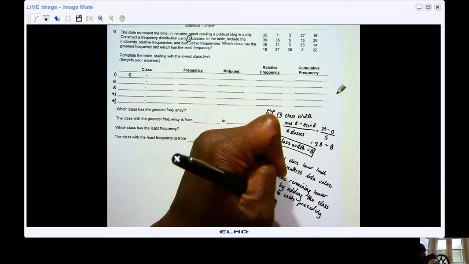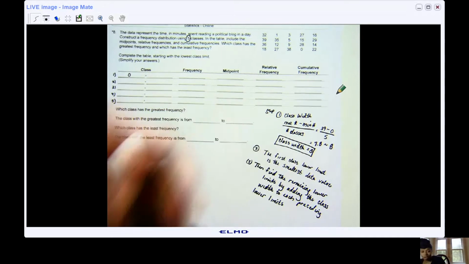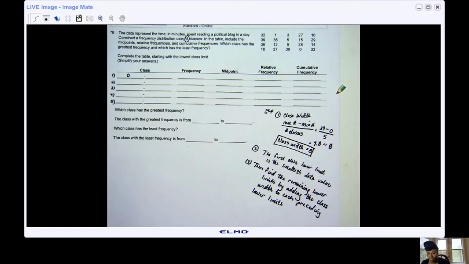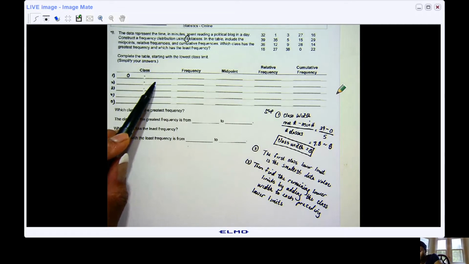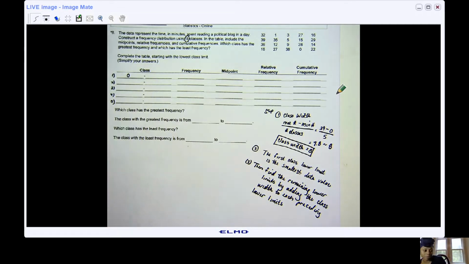And you're going to do the same thing for the upper limits. I may not write all that, but you're going to do the exact same thing for the upper limits as well. You find that starting value, and then you add the class width every time.